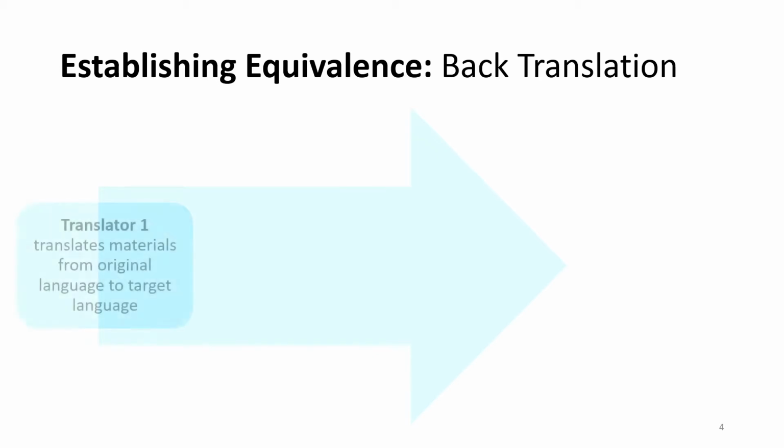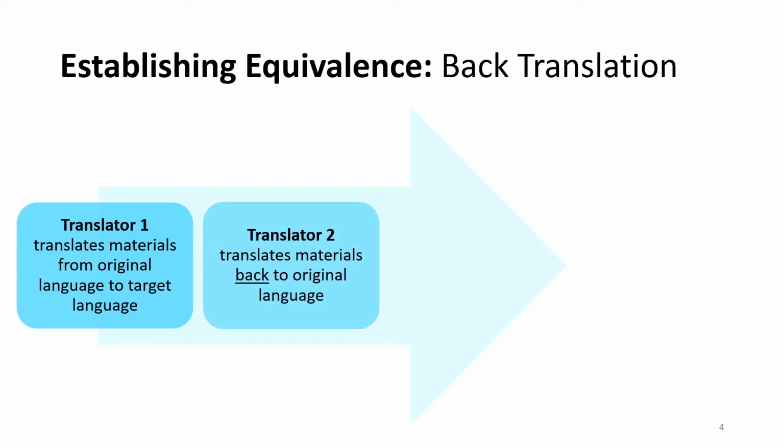So what does back translation look like? Well, one method starts with translating the material from one language to the other, and you do this by hiring a translator or maybe even doing it yourself. After you translate that to another language, you hire a second translator who translates those materials, whatever you had translated, back to the original language.